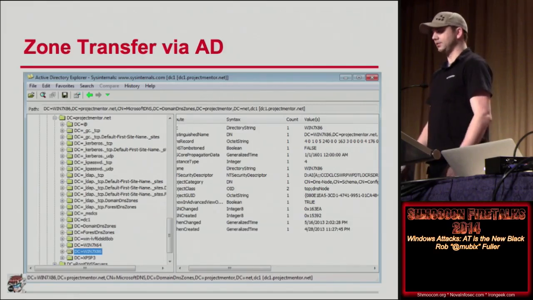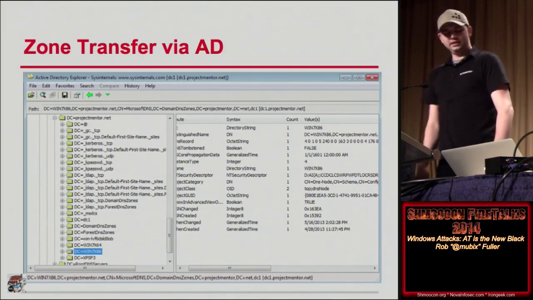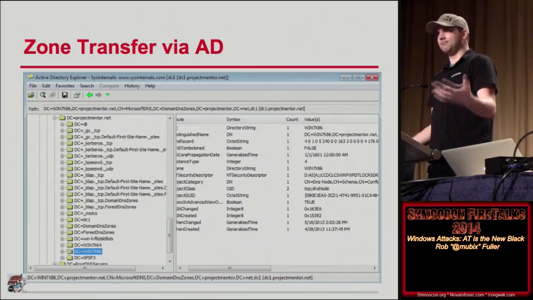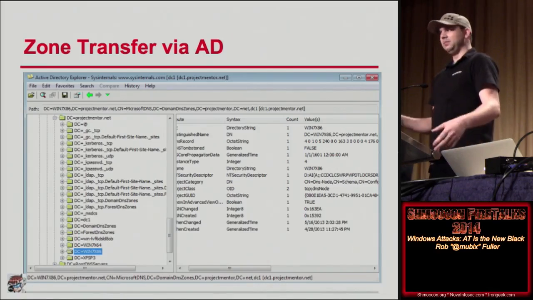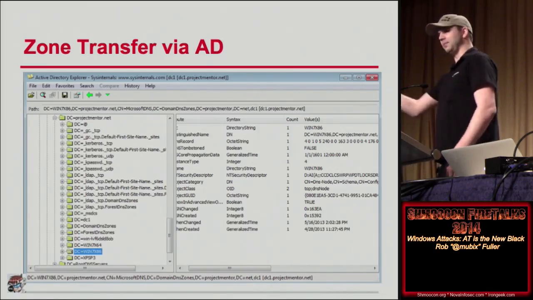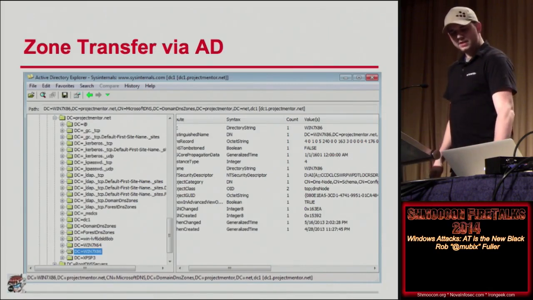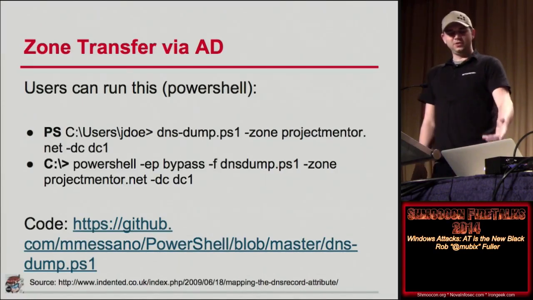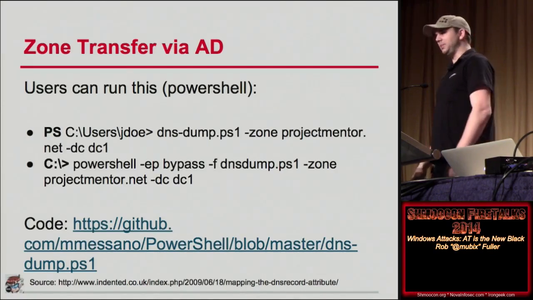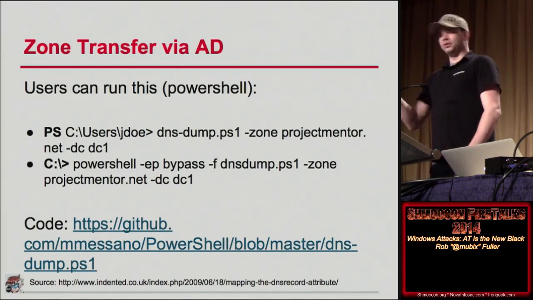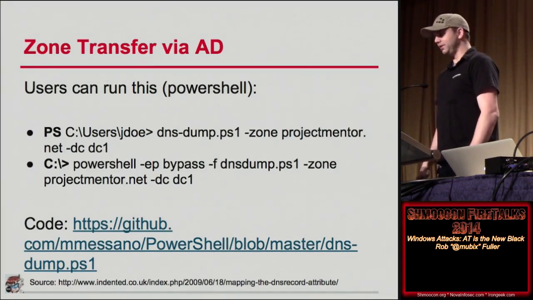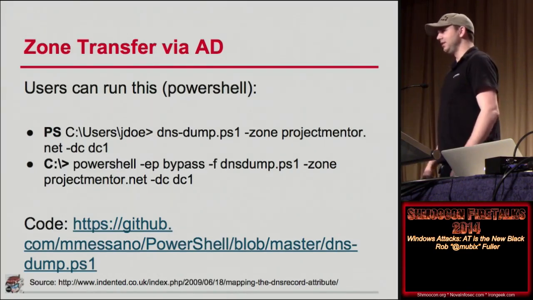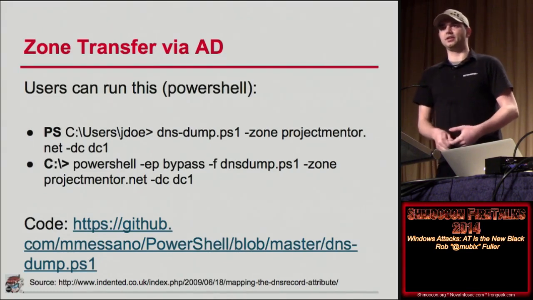I got really annoyed, started looking around, and I finally found this awesome system administrator who was like, I can't dump my DNS entries because I need to import them into a new domain that I'm migrating to. So he made this great little PowerShell script that does it for you. If you go on this GitHub, pull down DNSDump.ps1, you can throw in your domain, throw in the domain controller you want, use a standard user that doesn't have to have any special privileges on the domain, and then you pull down every single DNS entry in that domain.